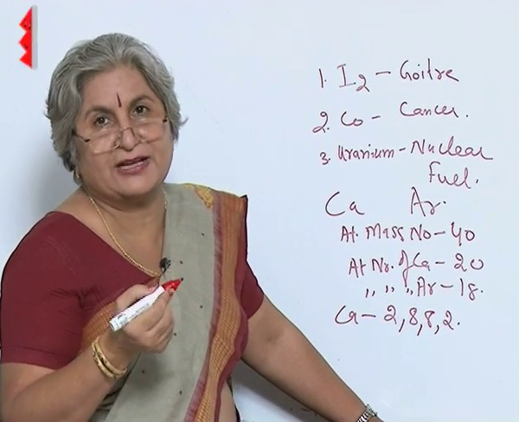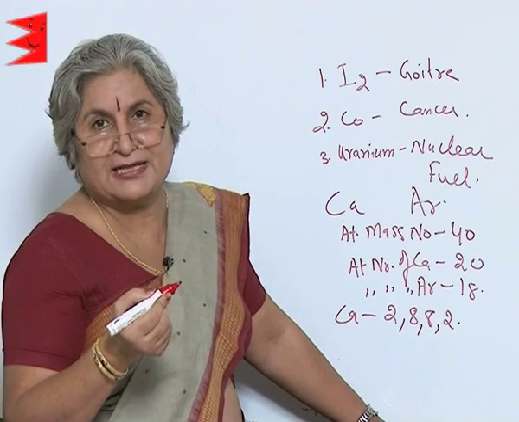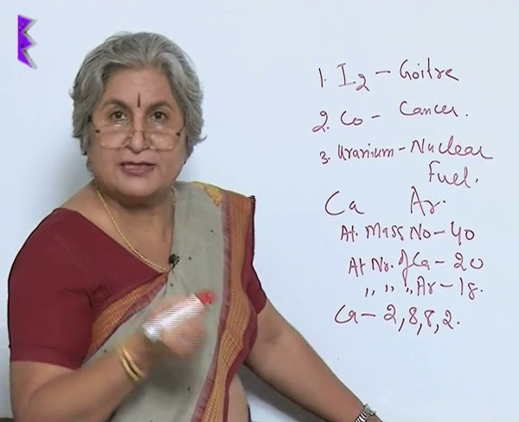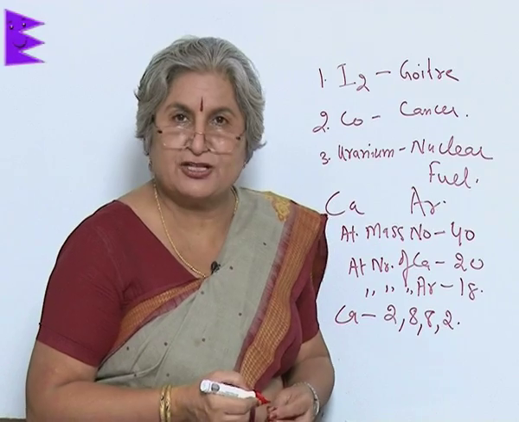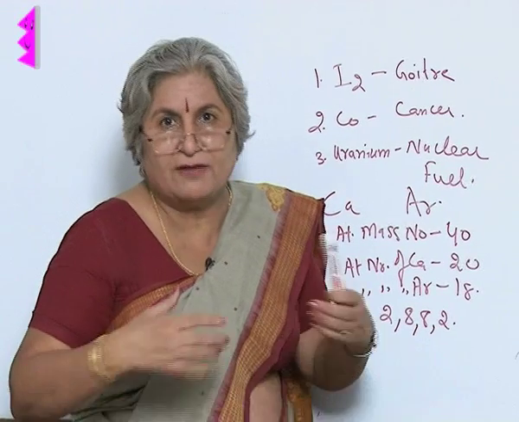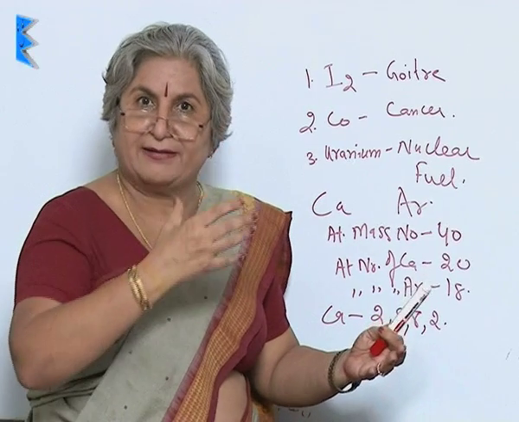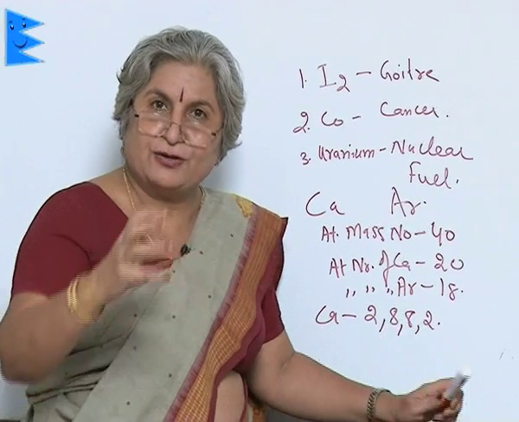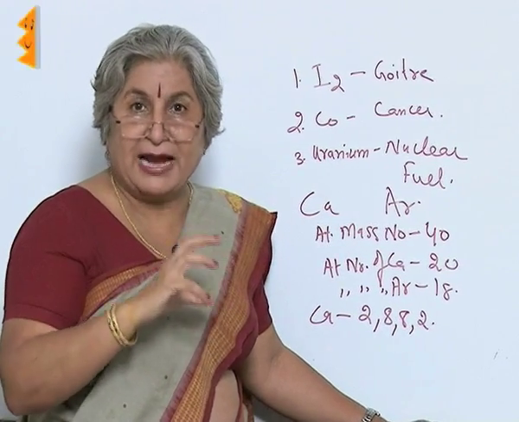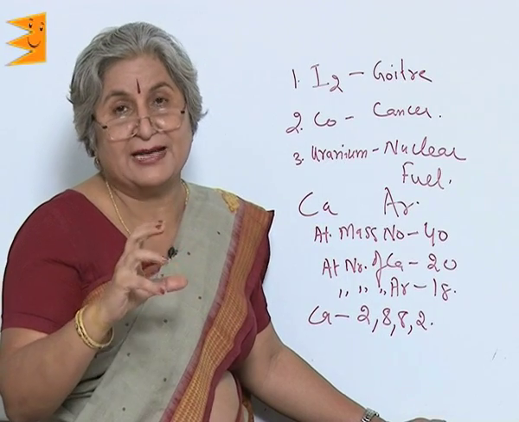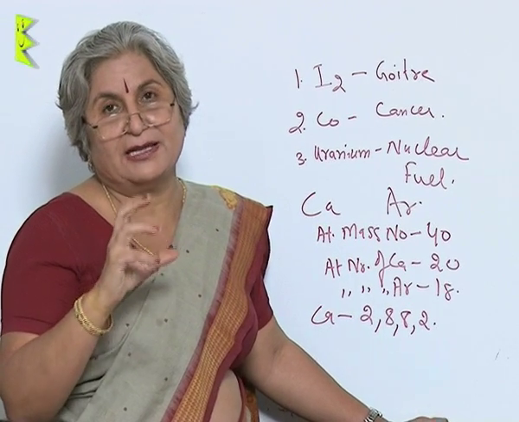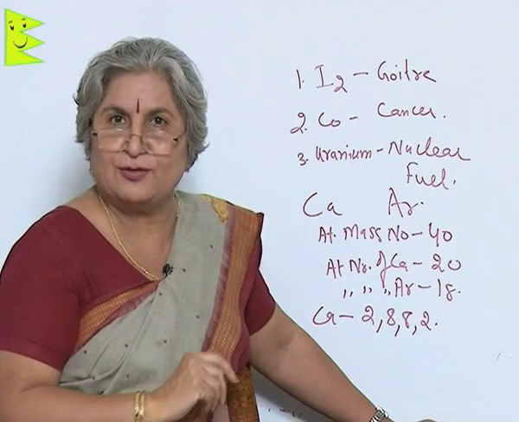So, calcium has a valency of 2 positive, and it is very reactive. Calcium is very reactive because it is always ready to lose those electrons, because it has a destiny to become stable, and that can happen only if it has 8 electrons in the outermost shell. So, it is ready to lose.